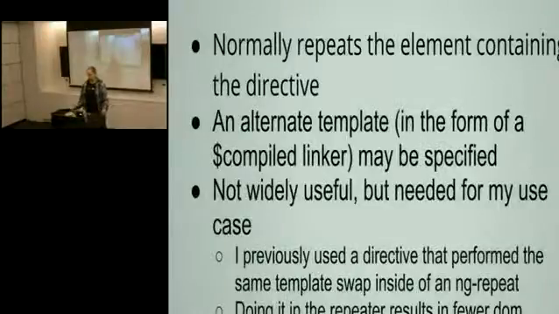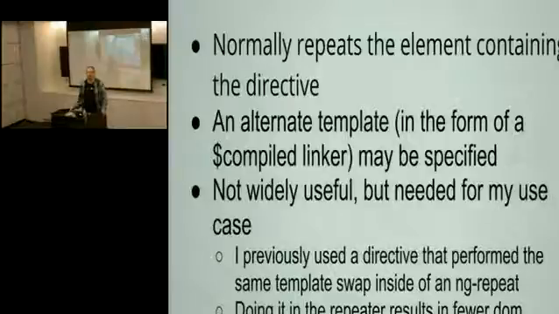All right, alternate template rendering. This is something probably almost all of you don't need ever, but the idea here is that you can actually specify a template that you have in your scope and have it repeatedly render that thing instead of render the node that you've got it on.